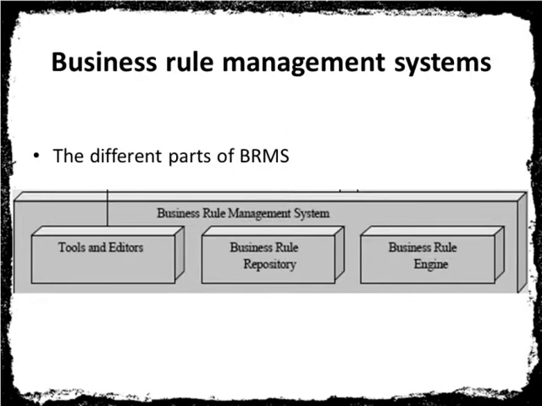Then we have the business rules repository. After the business rules are defined, they are stored and gathered in that repository. Then the business rule engine is the one responsible to translate these business rules into executable actions or instructions.